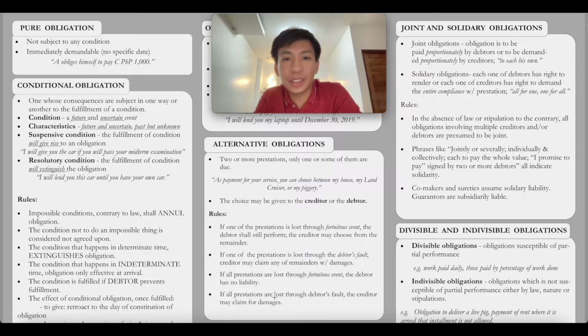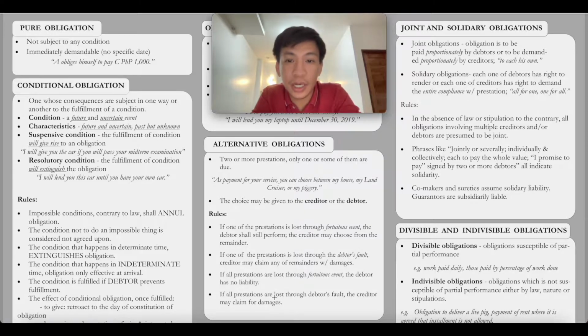Which is weird kasi kung titignan natin ang characteristics ng conditional obligation, according to dito sa lecture natin, the characteristics of a condition is it is future and uncertain. Ibig sabihin, it happens in the future at hindi tayo sure kung mangyayari siya or when will it happen, if it ever will.